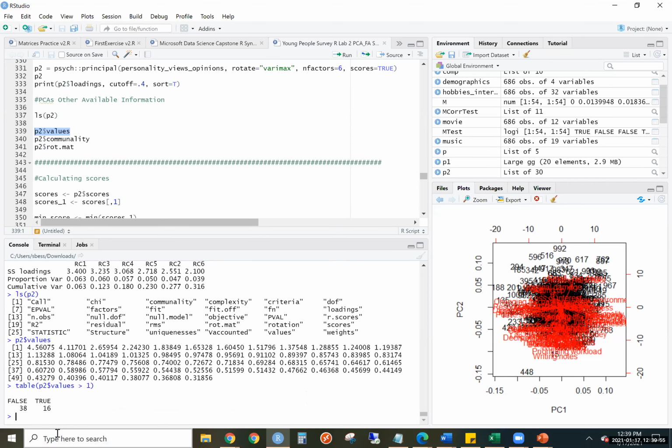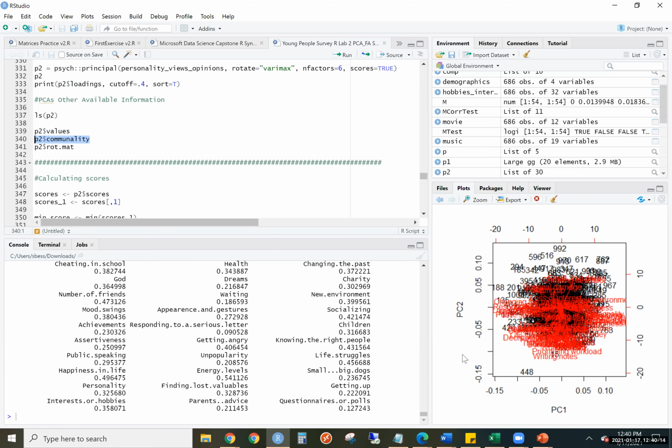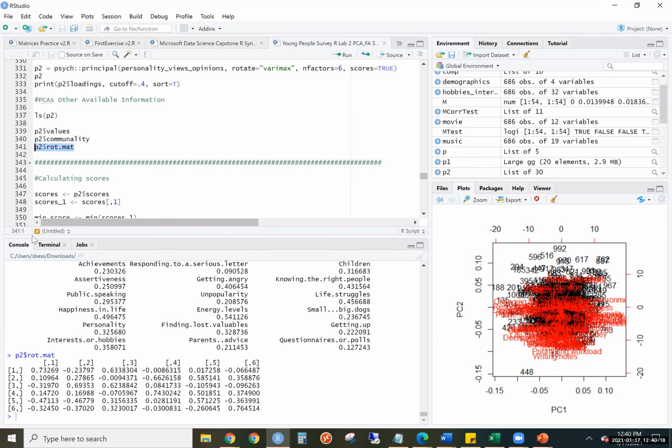And here it'll say we have 16 eigenvalues that are greater than 1, because we might not be able to see all of them on the scree plot, because the scree plot only shows the first 10. Then we can look at cumulativity, which is the shared variance on an individual variable level. And then we can also look at the rotated matrix. These are our cosines and sines, which help us rotate the correlated data and make it uncorrelated.